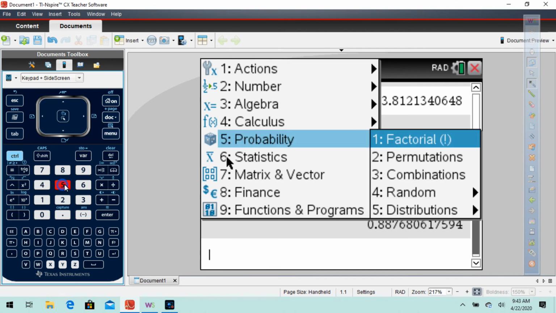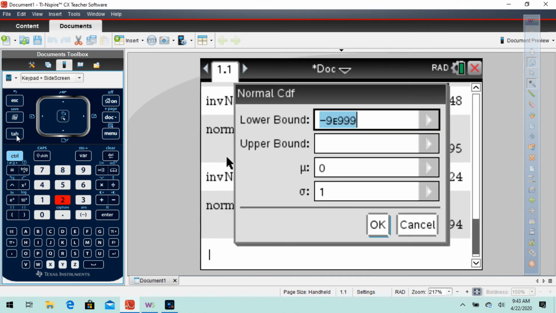Menu, 5, 5, 2, negative infinity to 72, and we still have a mean of 68.6, but our standard deviation changes.